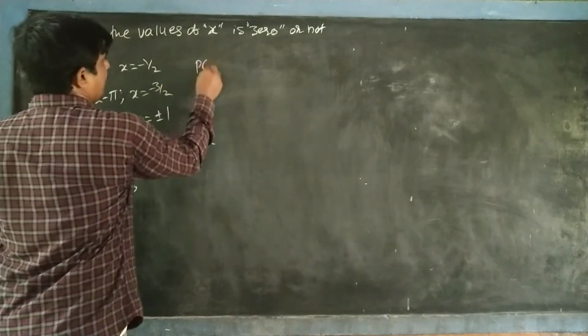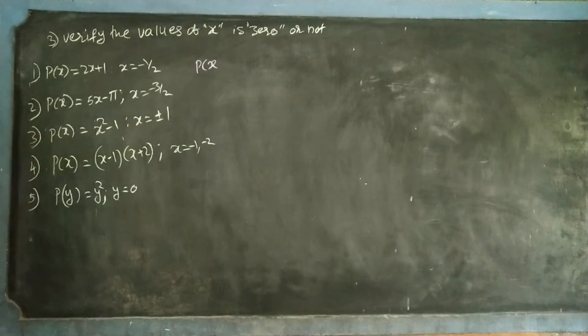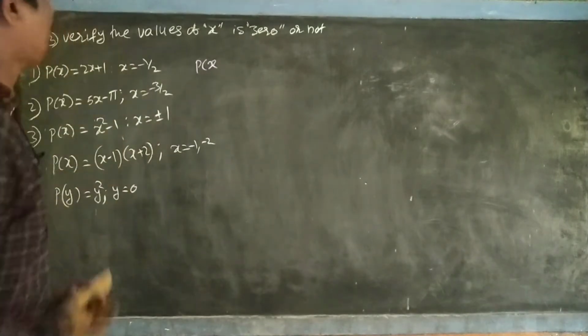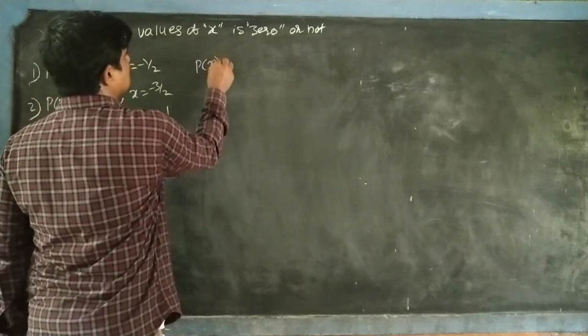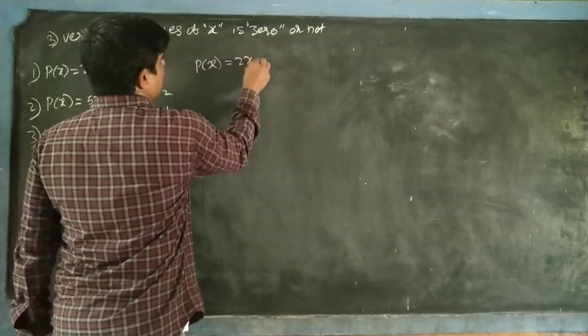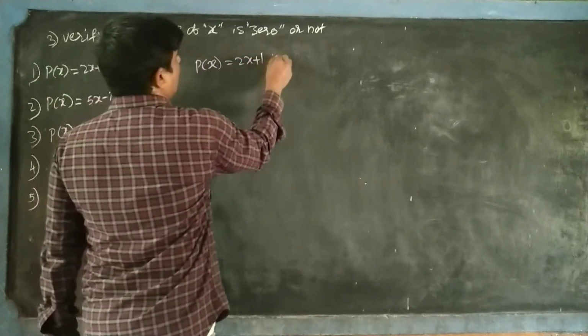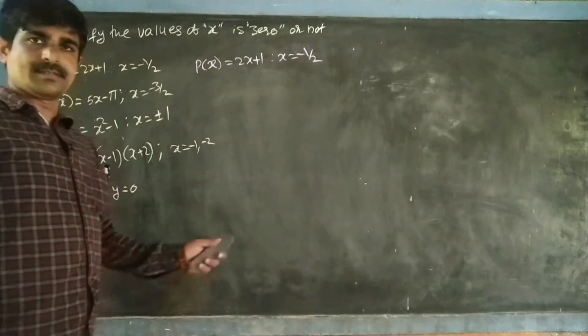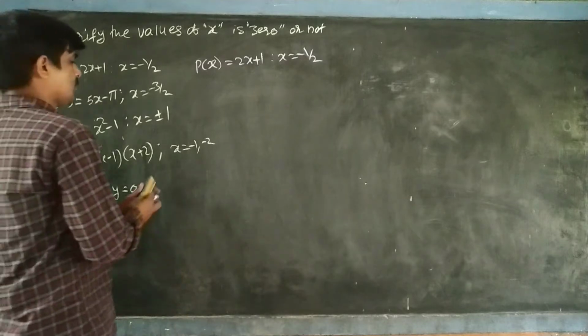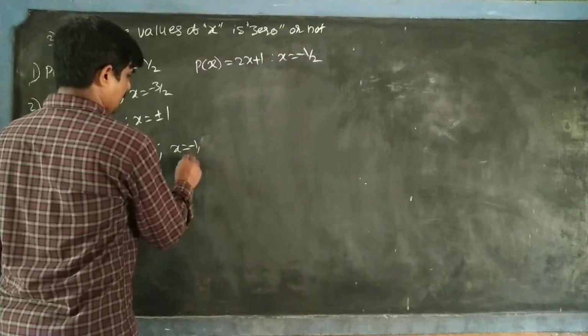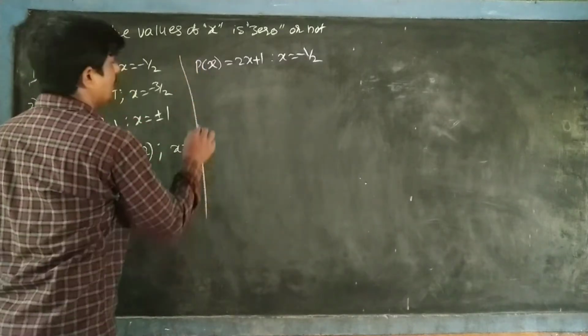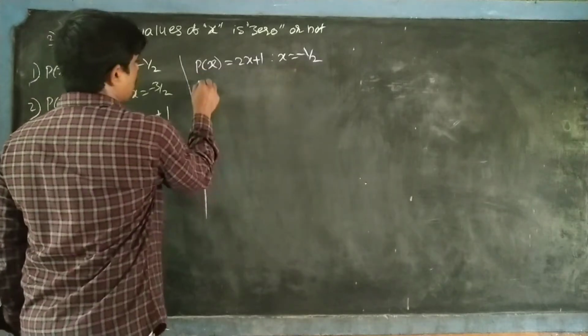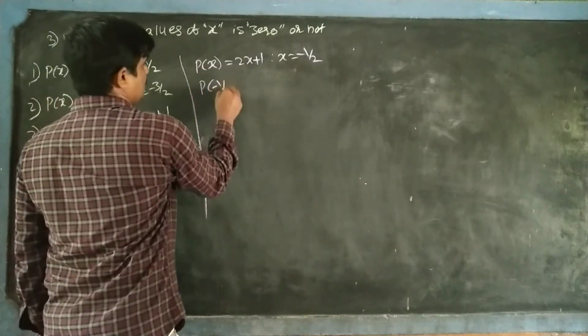So for the first one I am substituting. P of x is equal to 2x plus 1 and x is equal to minus 1 by 2. Observe clearly here. P of x, instead of x you have to write minus 1 by 2.